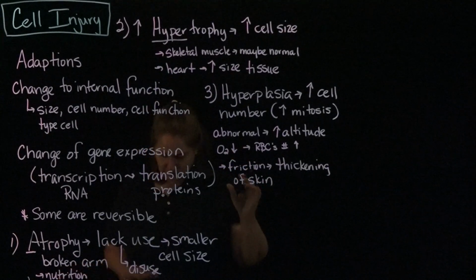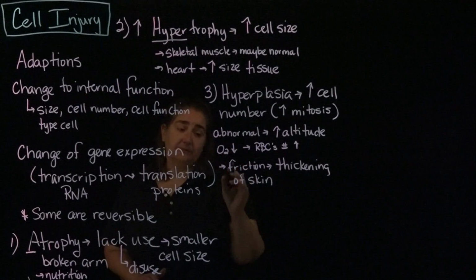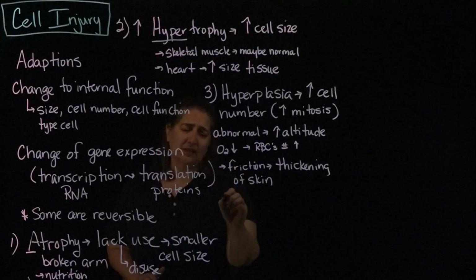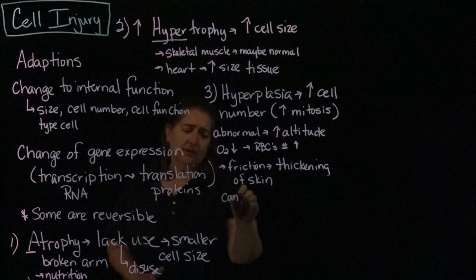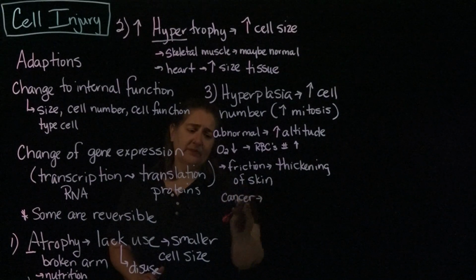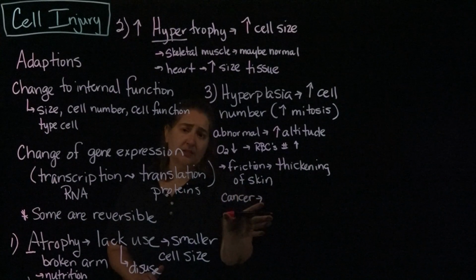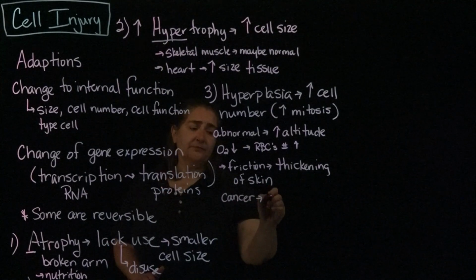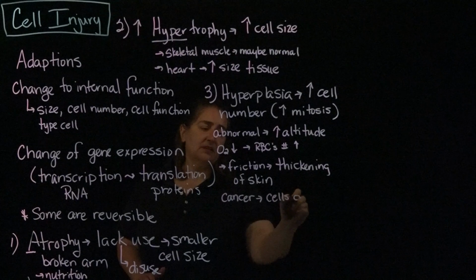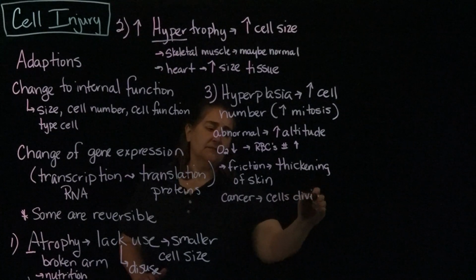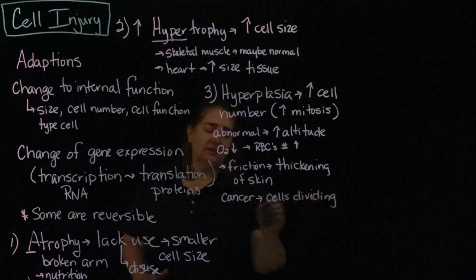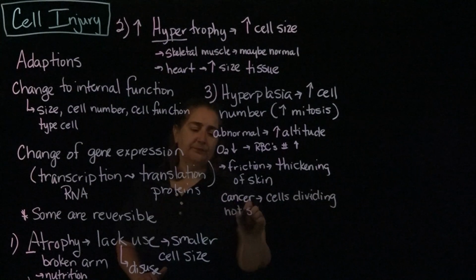And with hyperplasia then, another one that can come under abnormal is with disease processes like cancer, okay? Cancer cells are dividing when they're not supposed to.